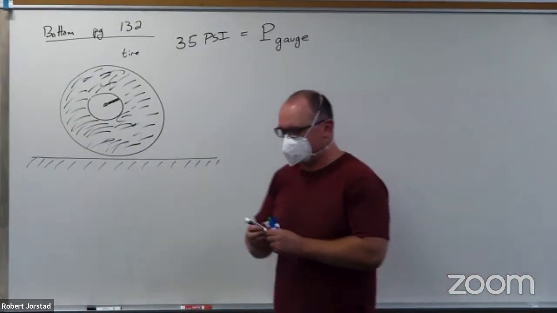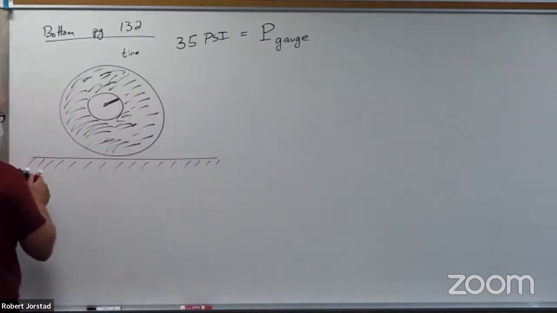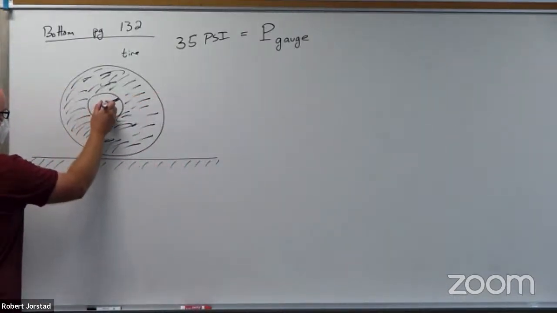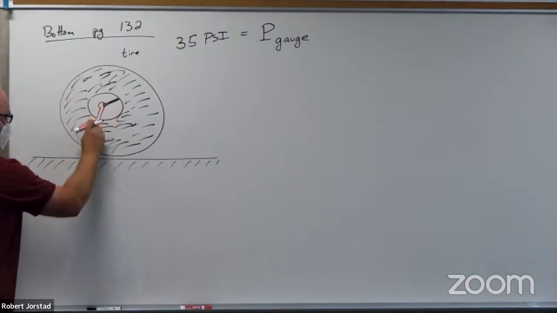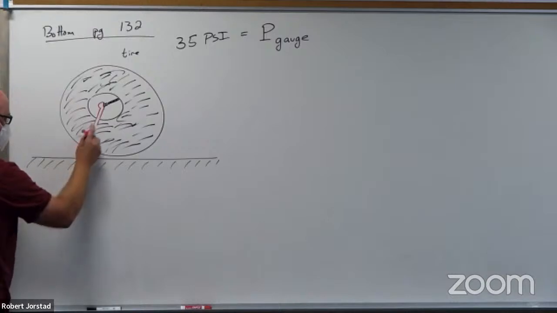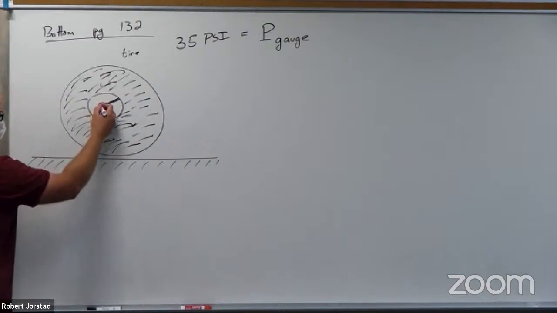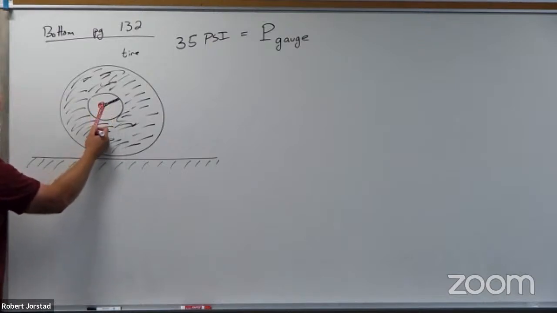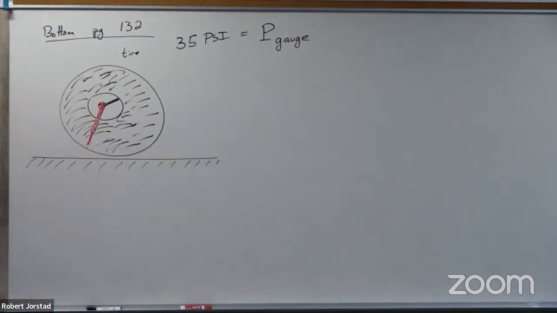Now I want you to think about this. If we had a pressure gauge here, this is my attempt to draw that. Maybe you know these pressure gauges where there's like a little stick that comes out and there's some lines on it. So 35 PSI is what that gauge reads.